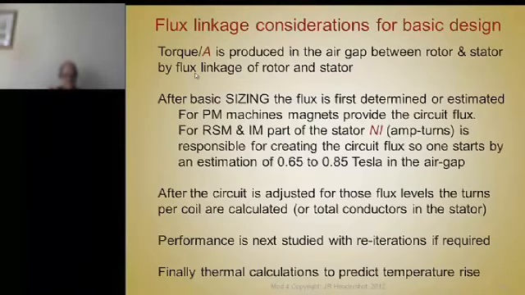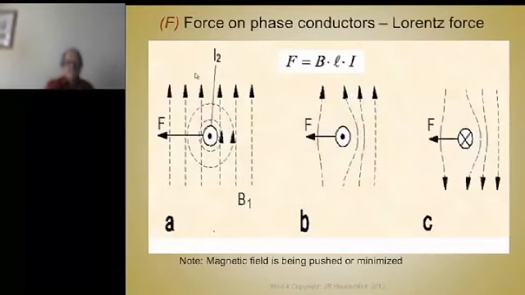And the performance analysis of this requires iterations. That's why computer simulations save a lot of time. What used to take months to design, you can do in a week or days now using computers. And don't forget that we have to predict the temperature with the thermal rise.